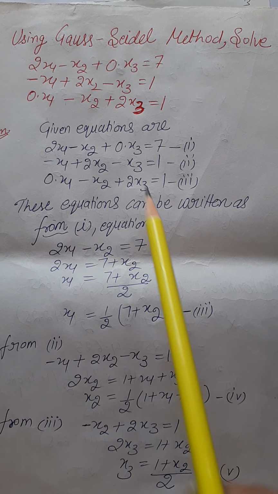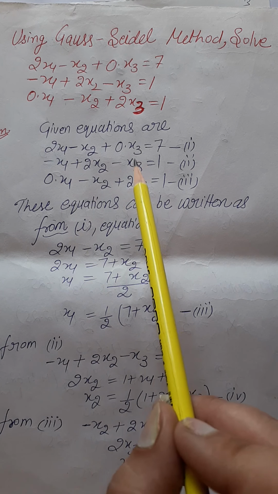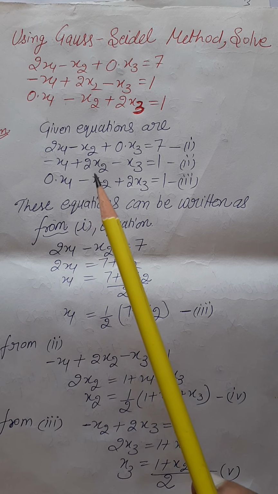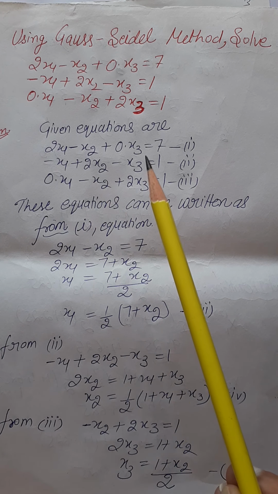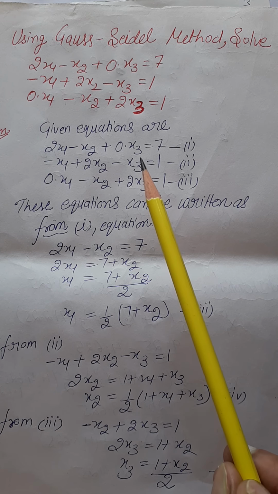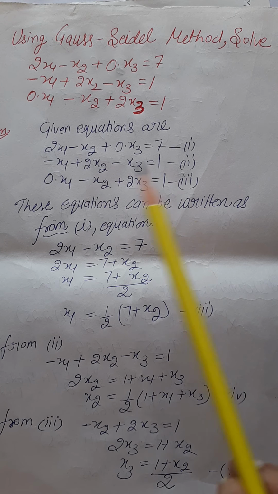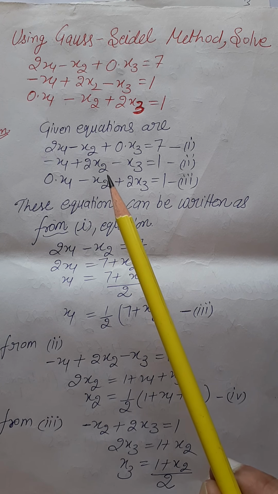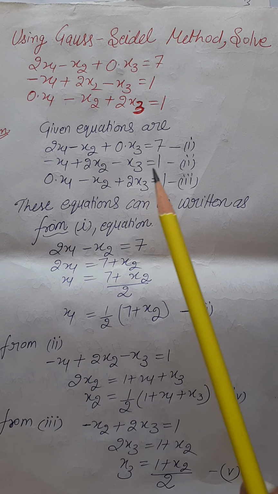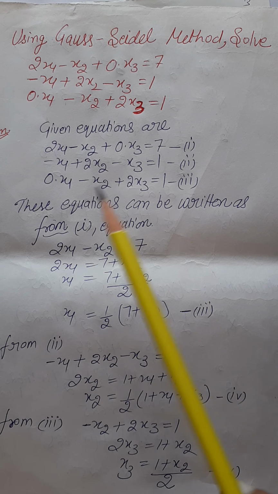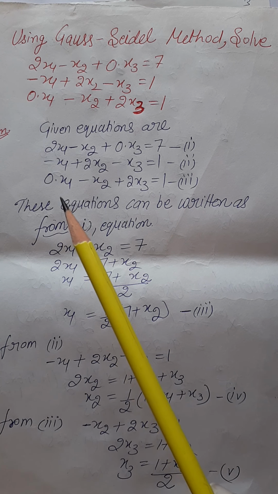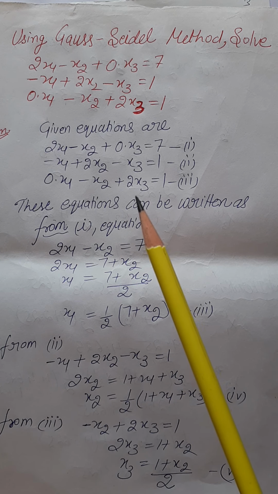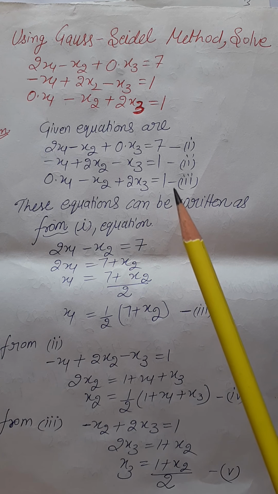Here you can write the given equations: 2x1 minus x2 plus 0x3 is equal to 7, minus x1 plus 2x2 minus x3 is equal to 1, and the third one, 0x1 minus x2 plus 2x3 is equal to 1.